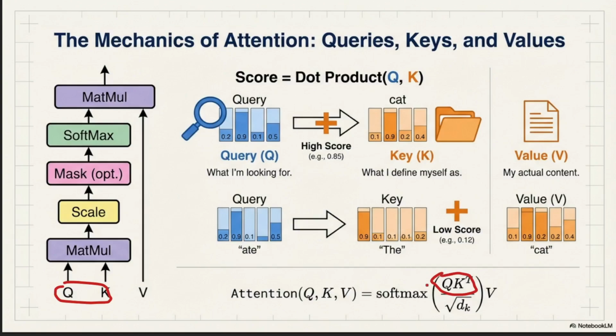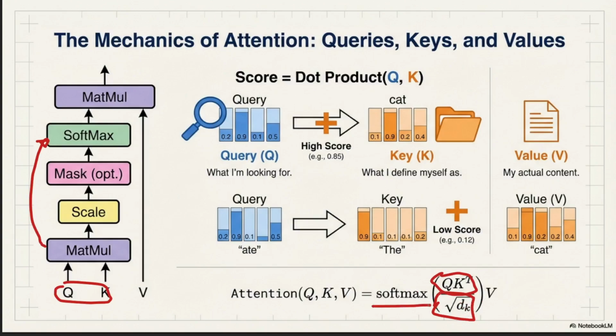And then we run those through a softmax function, which is this one. We can standardize or scale them using many different techniques. This is one of them, the square root of the dimension of the keys.